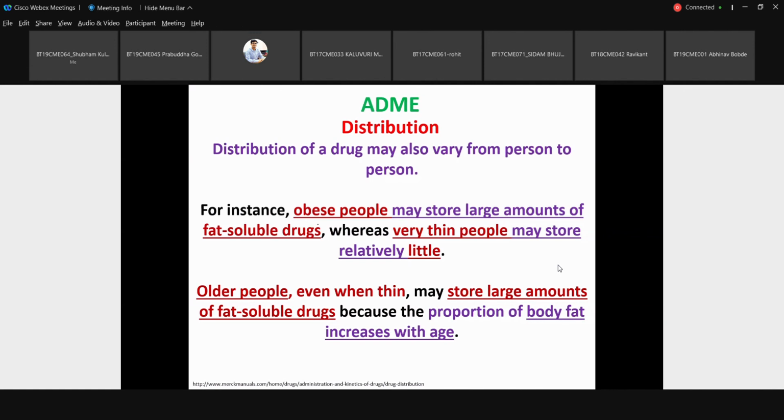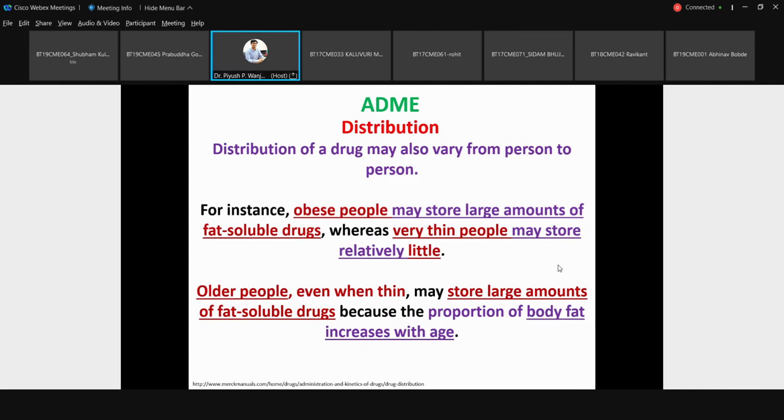I know these are slightly different things, but we are just trying to understand what exactly happens to pharmaceutical compounds within the body, and how different effects can happen in different scenarios.